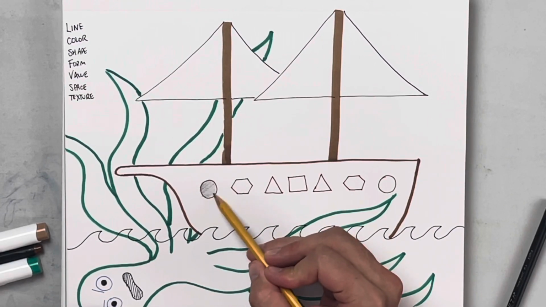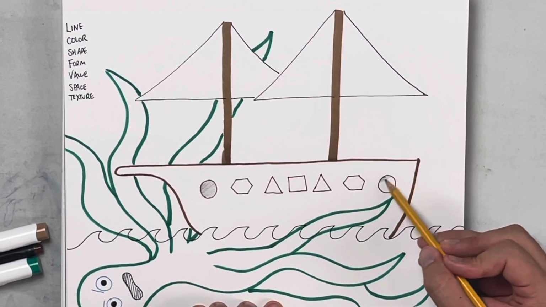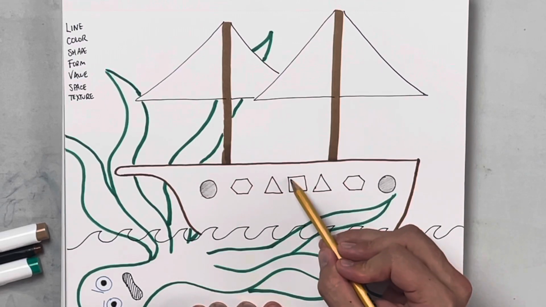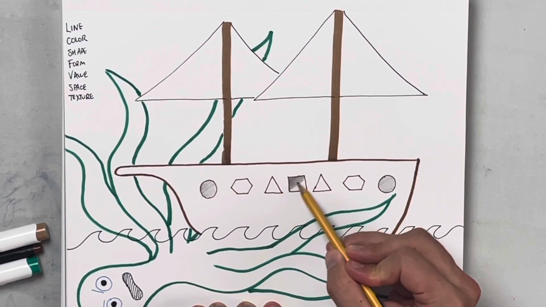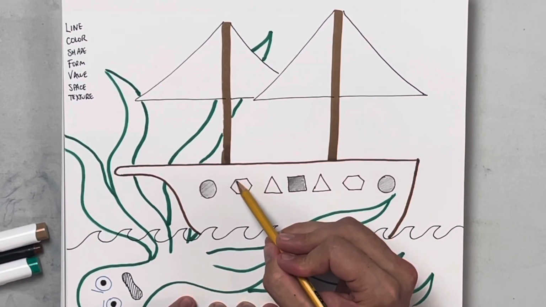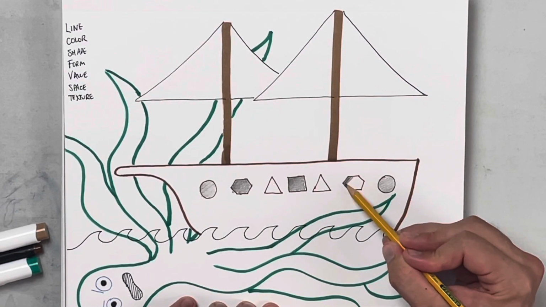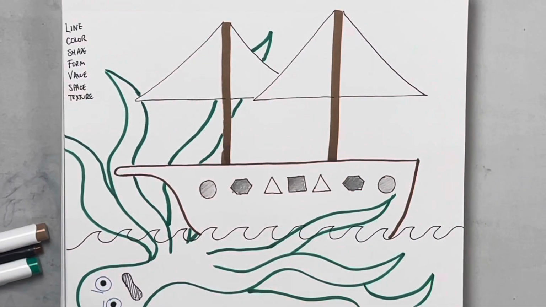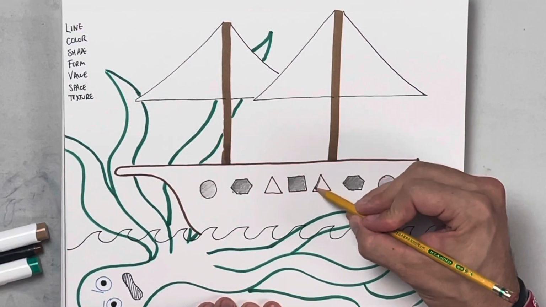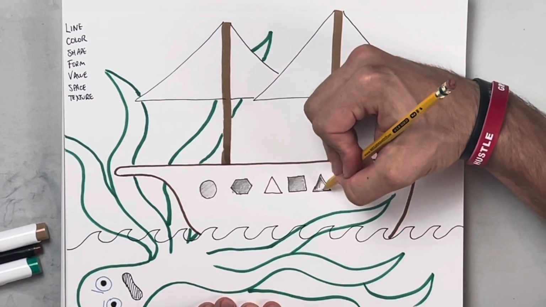All right, and now we're using value because I'm going to color in the windows some lighter and some darker. Now remember, value also works for colors. So anywhere I might use a yellow and anywhere I might use a purple, those are very different values in terms of color. A yellow is very light and a purple is very dark.